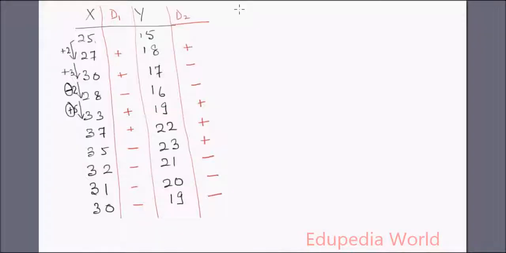Okay, so let's do that. We will have to make another column here, and that's named as concurrences, and we will have to see if for the row both the signs are positive or both are negative.